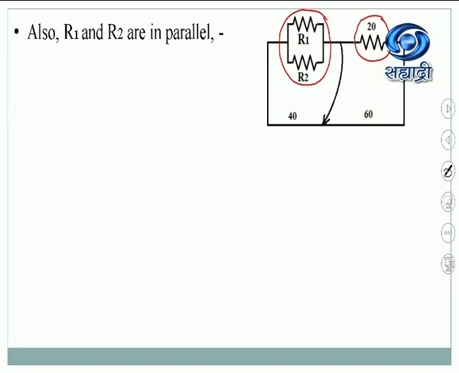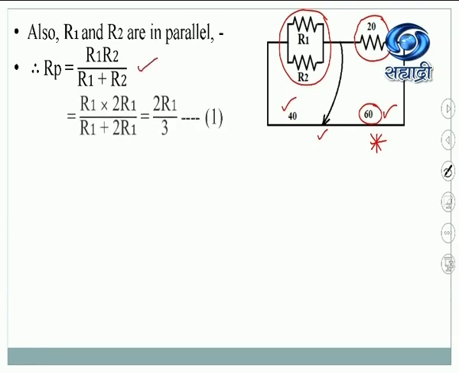The balancing point is obtained at a distance of 60 centimeter from the right end, not the left end. So if this is 60 centimeter, this must be 40 centimeter because this is a meter bridge. Total length is 100 centimeter. So in the left gap, the resistance Rp is equal to R1 R2 upon R1 plus R2.